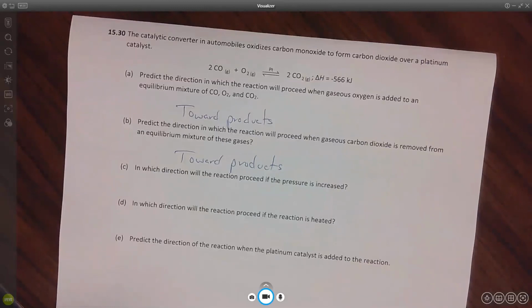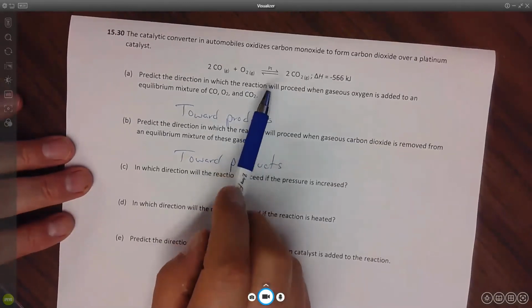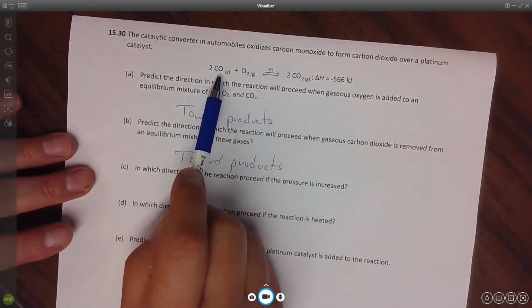Since there's more moles of gas on the left, would it shift to the right? No, you're absolutely right. To change that pressure, the only way nature can reduce the pressure is by having fewer gas molecules.